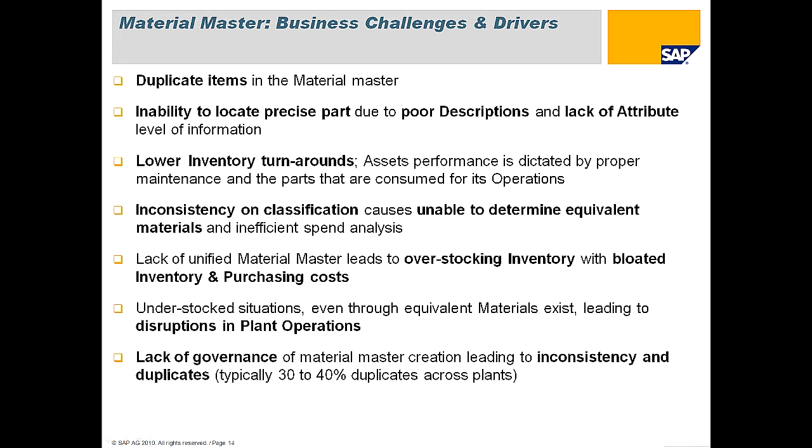It's not only duplicates, but customers should be able to find out how much inventory they have not only of specific materials but also of equivalent materials. The customer may have tons of one type of material, whereas if they think that the material is not there for an equivalent one, they will not be able to leverage the existing inventory across plants, or even within a plant, or across companies.